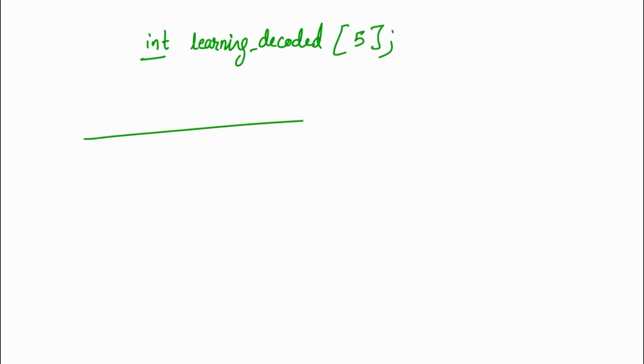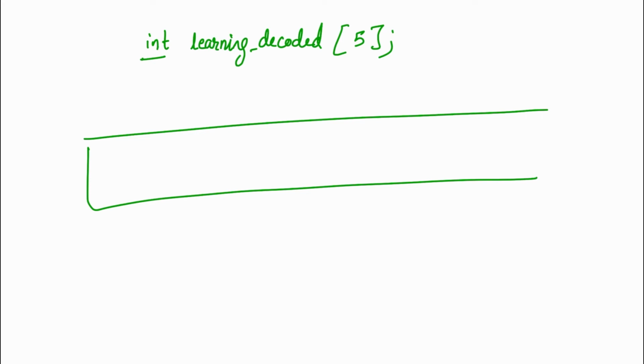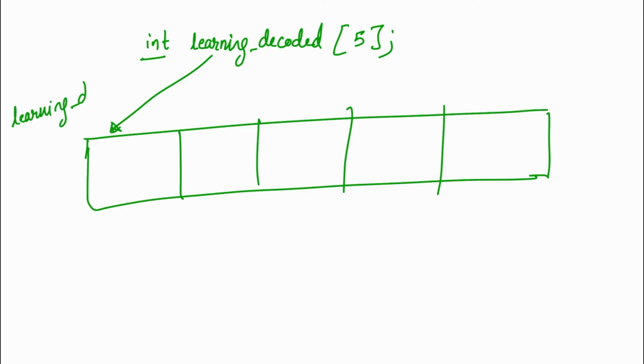So now this 5 size array, learning decoded, is a pointer that will point to the very first location, that is the 0th index.